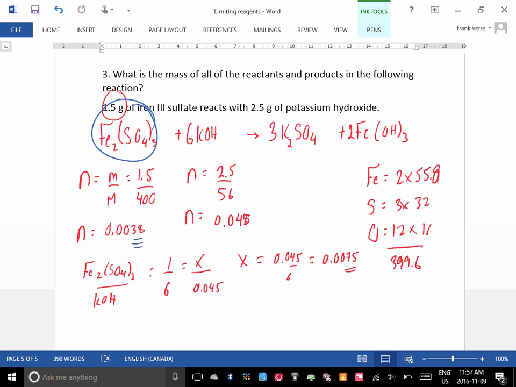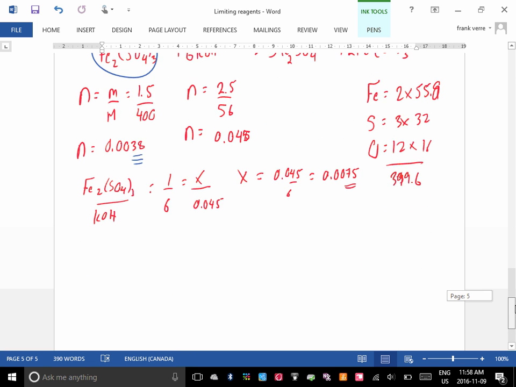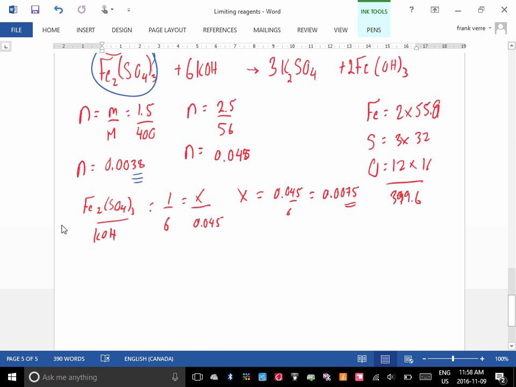So I'm going to rewrite the equation. Okay, so I'm going to rewrite it so we can fit everything.